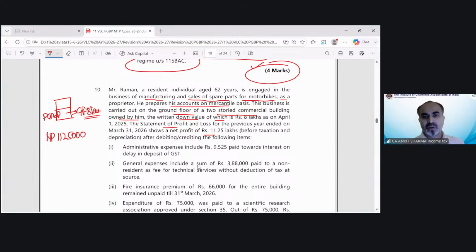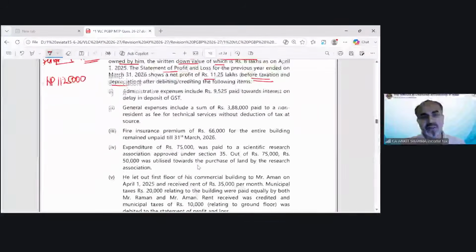Clear? Now, administrative expenses include 9,525 paid towards interest on delay in deposit of GST. So is it allowed or disallowed, students? Is it allowed expenditure? Because in case of indirect taxes, all taxes, interest and fees are allowed.